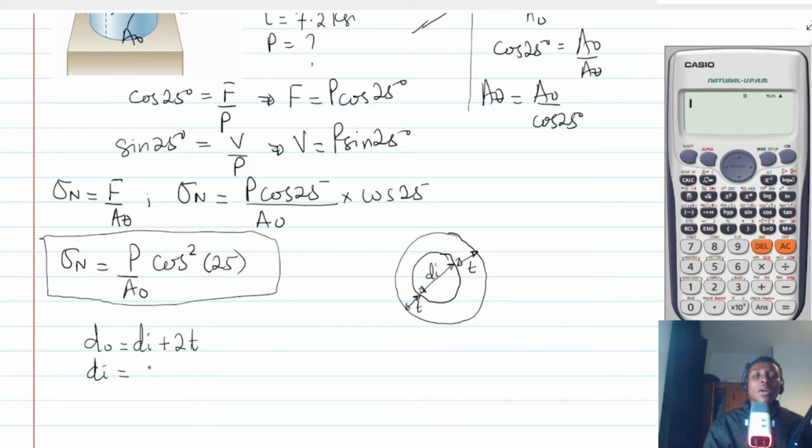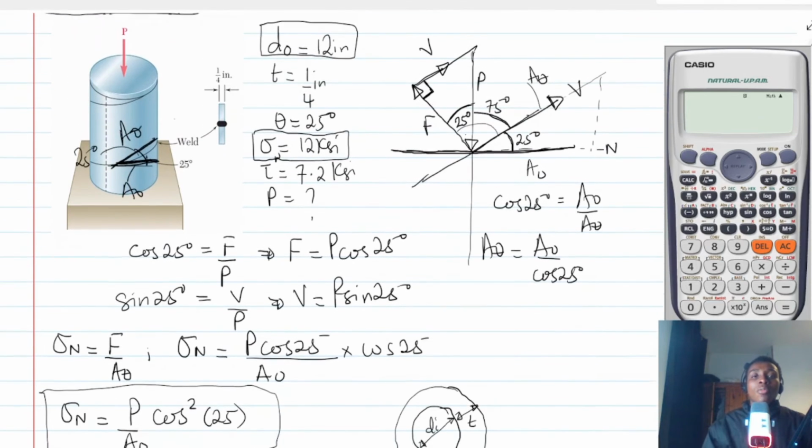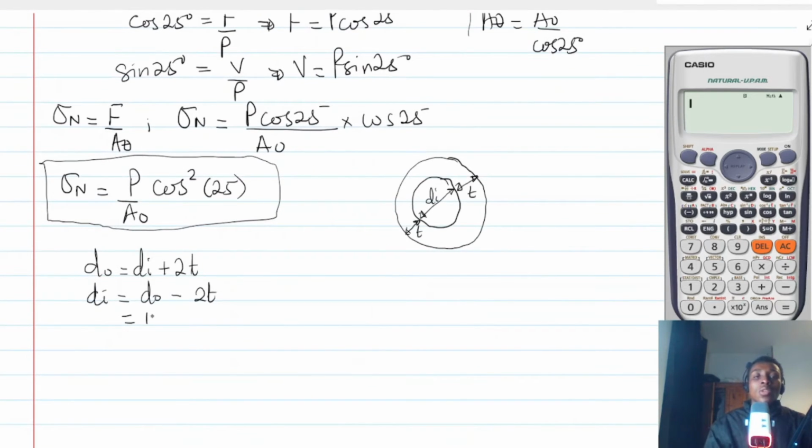Therefore, the inner diameter will be the outer diameter minus 2 times the thickness. So it's going to be 12 minus twice of 1/4. Now let's pick our calculators. So 12 minus 2 times 1/4. All right. And what do we get? 11.5. So 11.5 inch.